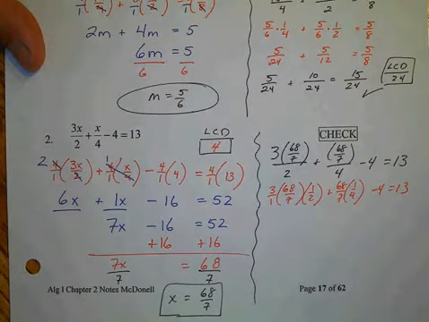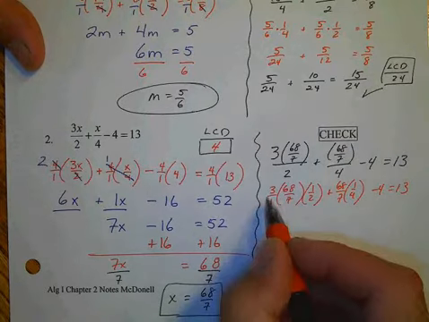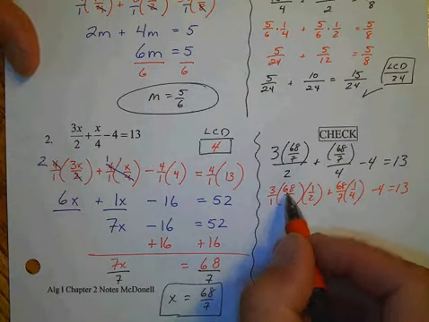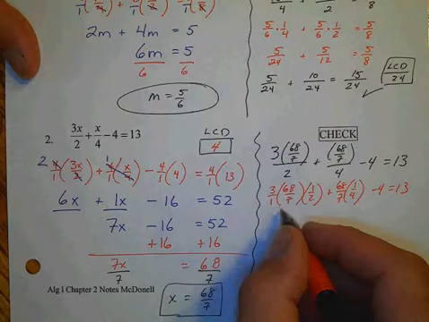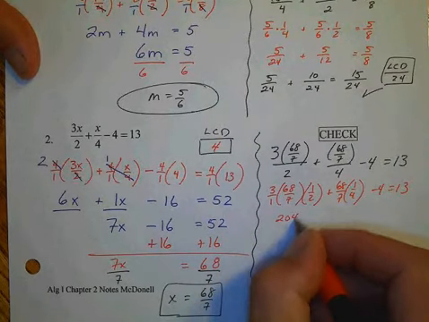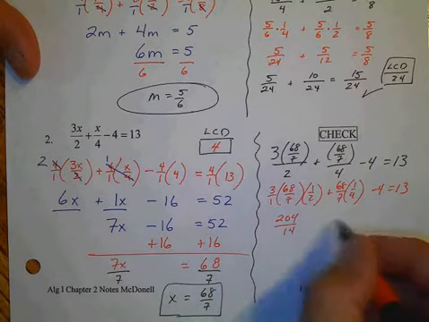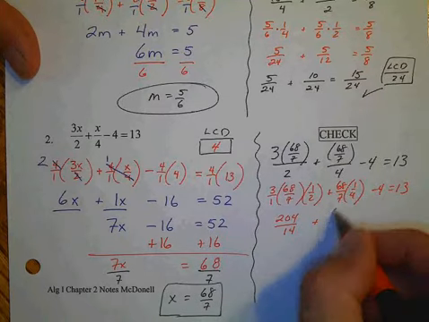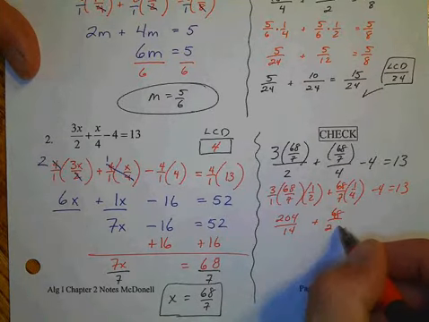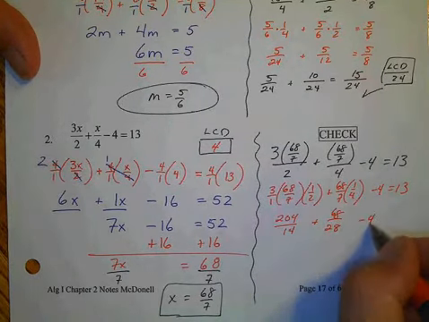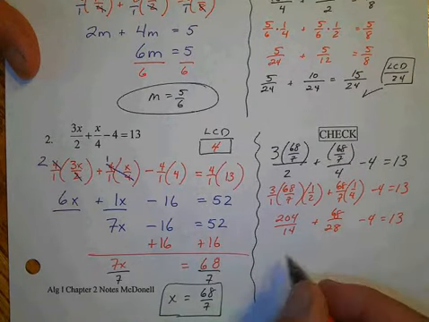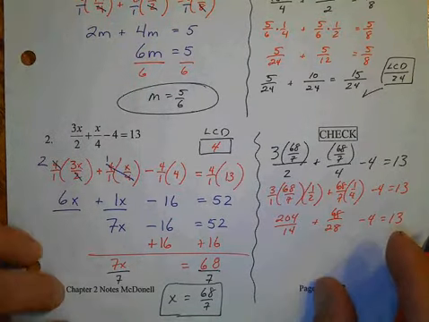Let's try to simplify here. 3 times 68 is 204 divided by 14. Here we have 68 over 28 minus 4 equals 13. Let's reduce each of these as much as we can.